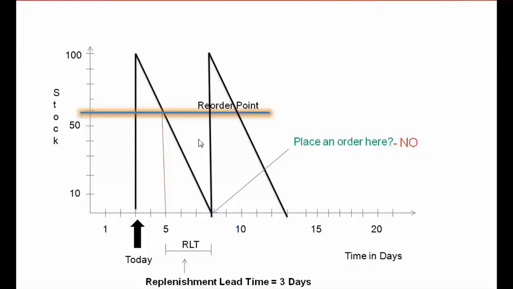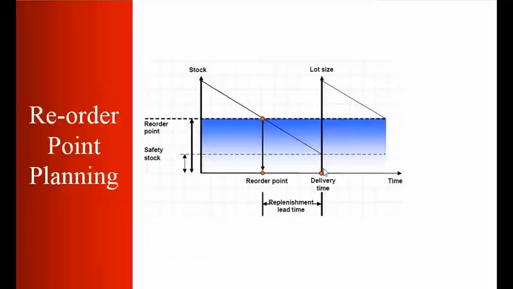That is how the reorder point works in general. Now we'll see the reorder point in SAP language. This graph is explaining the same thing. Here you can see this is my reorder point, and somewhere here we're placing an order. This is your replenishment lead time.